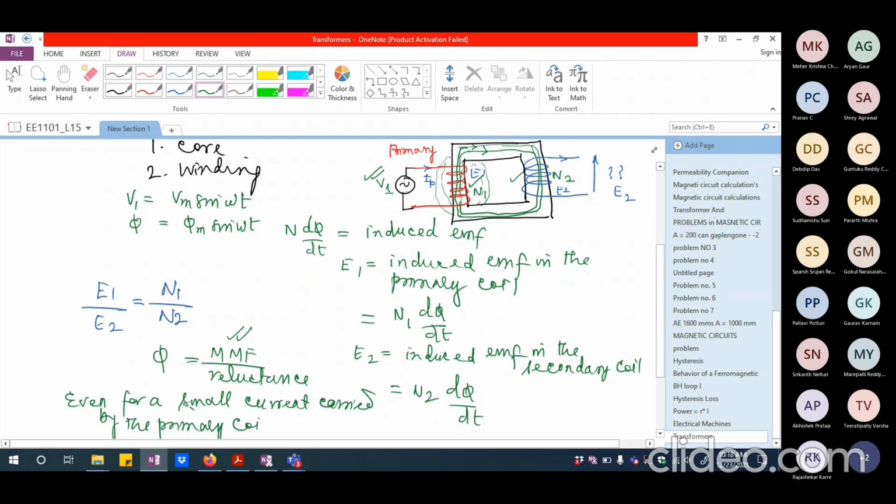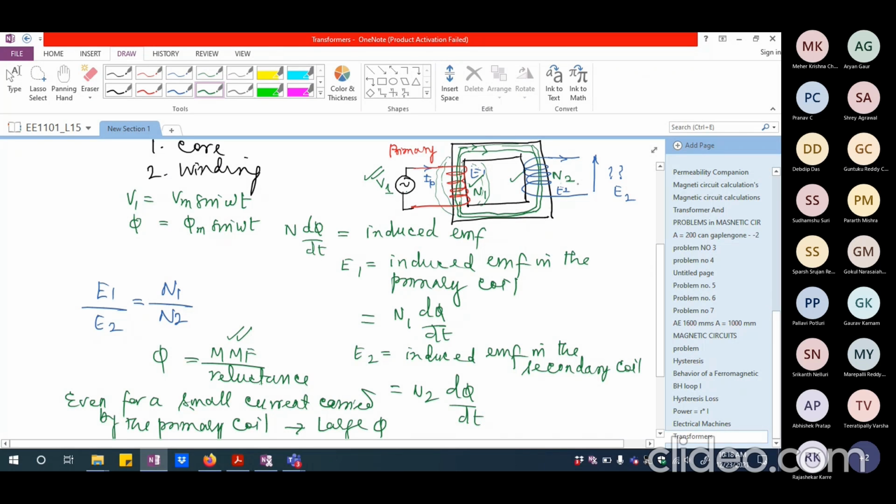This flux is going to confine itself as much as possible to the core because the surrounding air and everything is going to have a much larger reluctance. So whatever flux is created in the core because of the primary coil current is going to definitely link with the secondary coil as well, and the secondary coil is going to get an induced EMF as well.